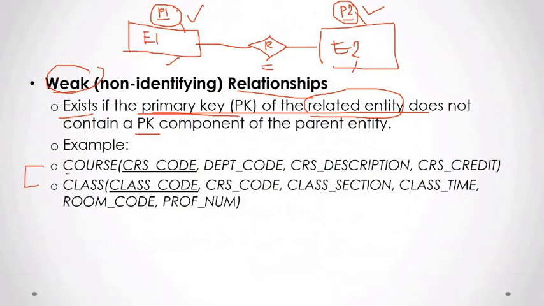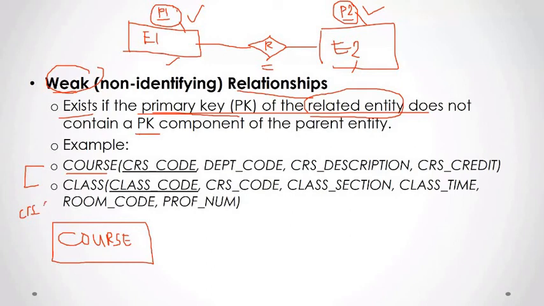Okay, we have here an example. We have this entity called course. So this can be drawn like this. So the primary key of course is CRS code.